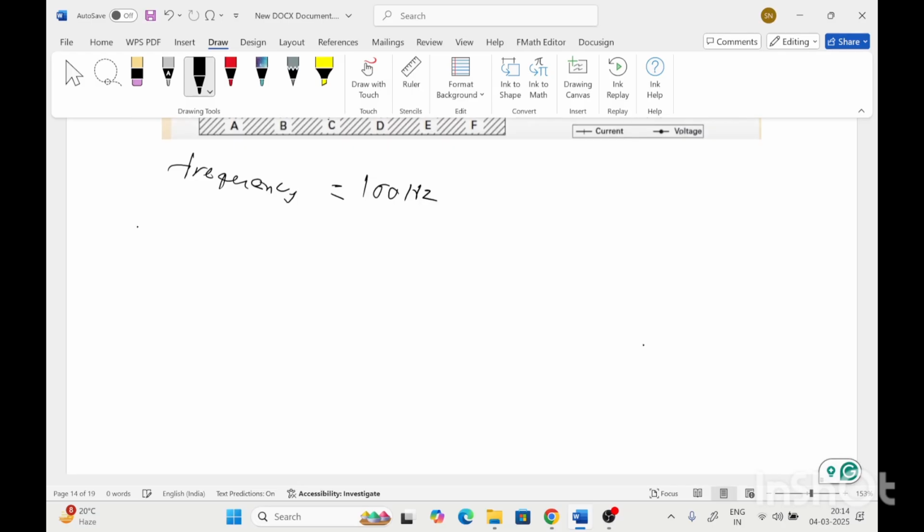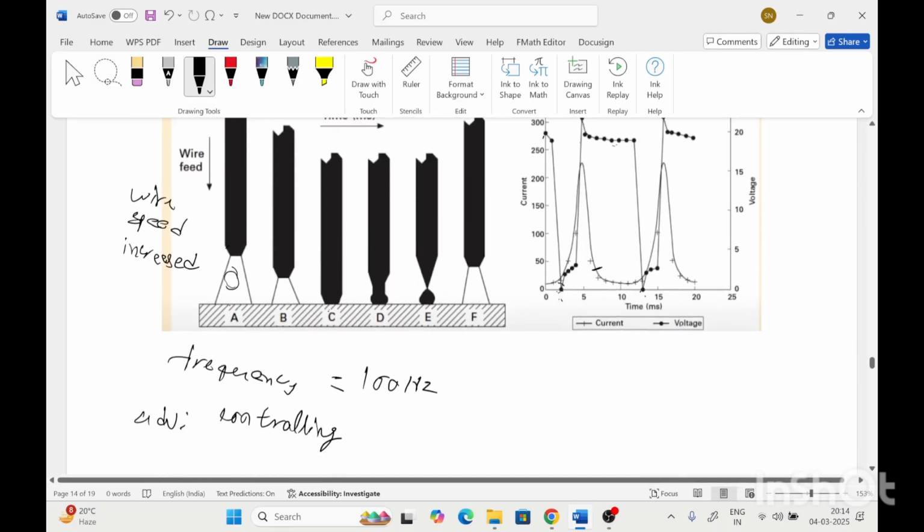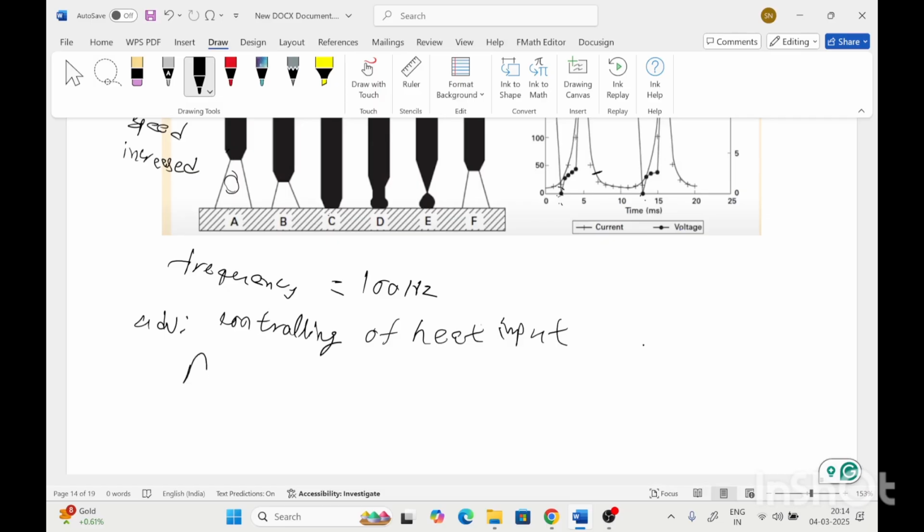So the advantage of this dip short circuiting transfer is the controlling heat input. Means the heat input can be controlled via careful manipulation of the current and voltage. So this is generally used for the advanced gas metal arc welding and CMT, means cold metal transfer.